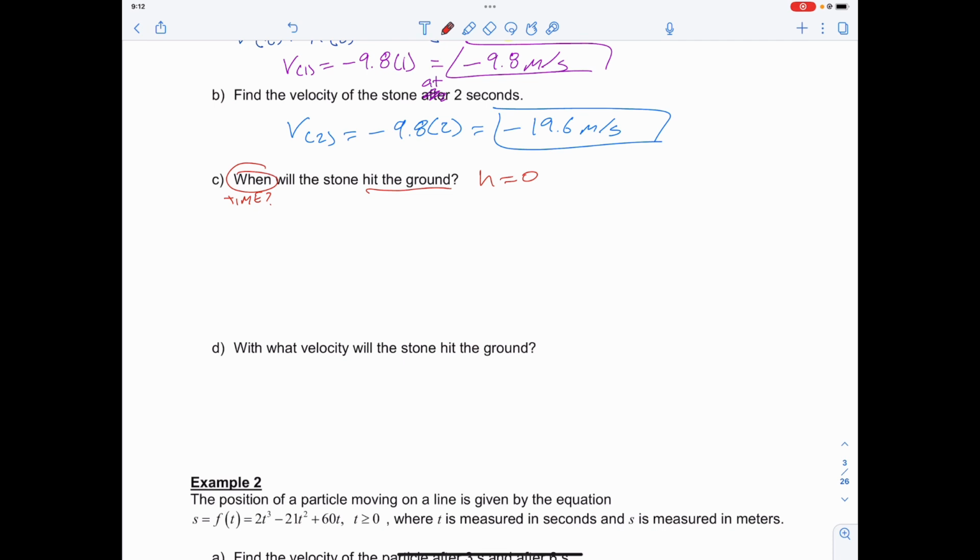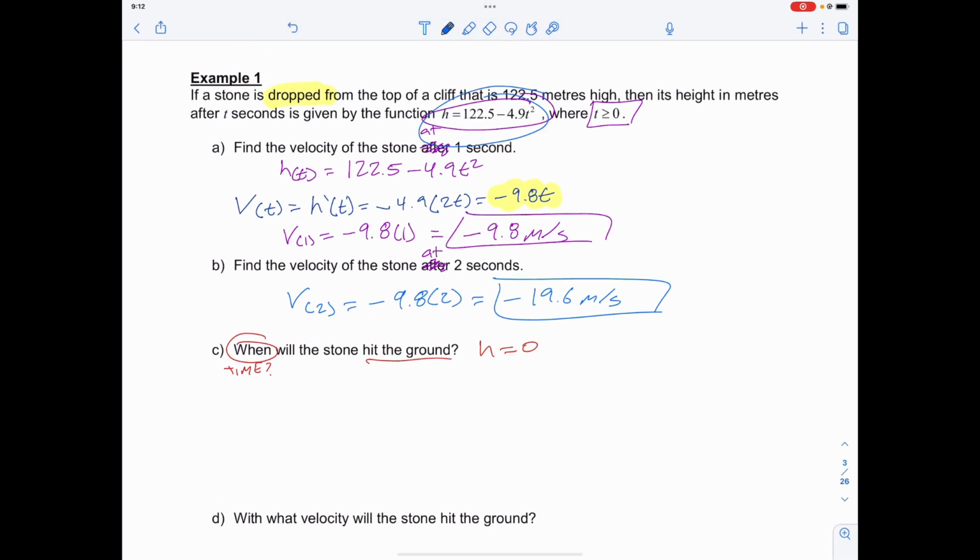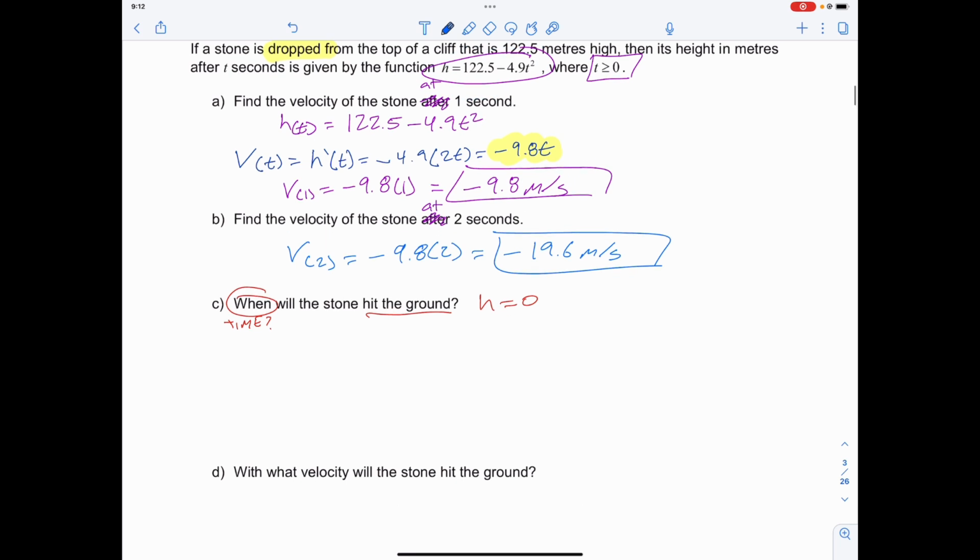So I'm going to replace the height with 0 in my original equation: 0 is equal to 122.5 minus 4.9 t squared.